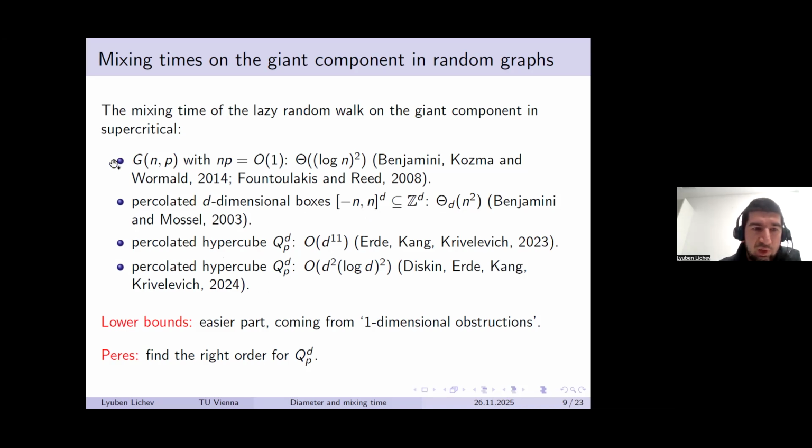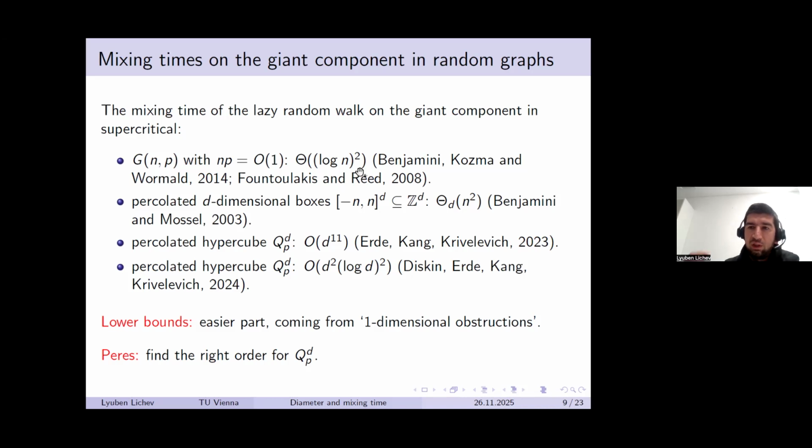So in the first case, and in the case of the hypercube, so both for G(n,p) and the hypercube, these one-dimensional abstractions are long paths which start at a degree 1 vertex and only consist of degree 2 vertices. So in G(n,p), we have such so-called bare paths of length log n.